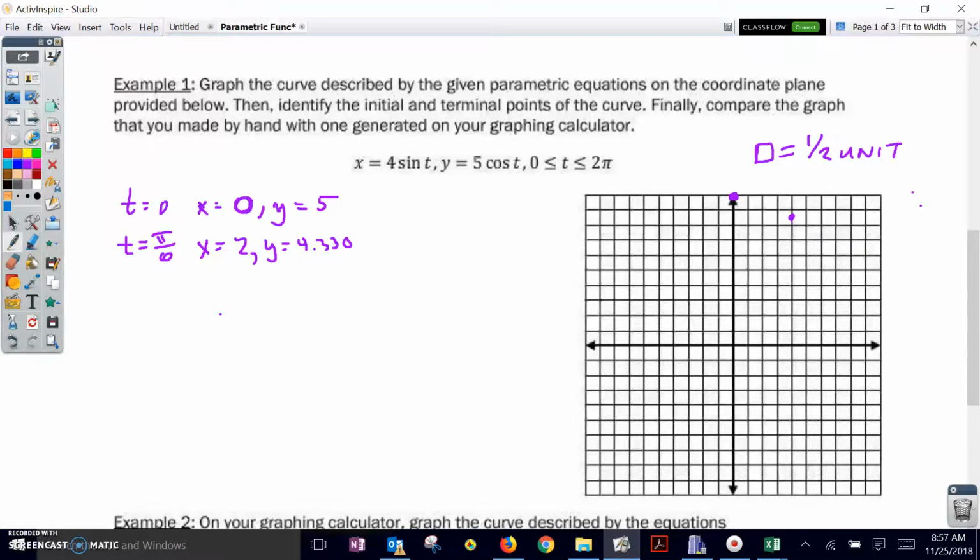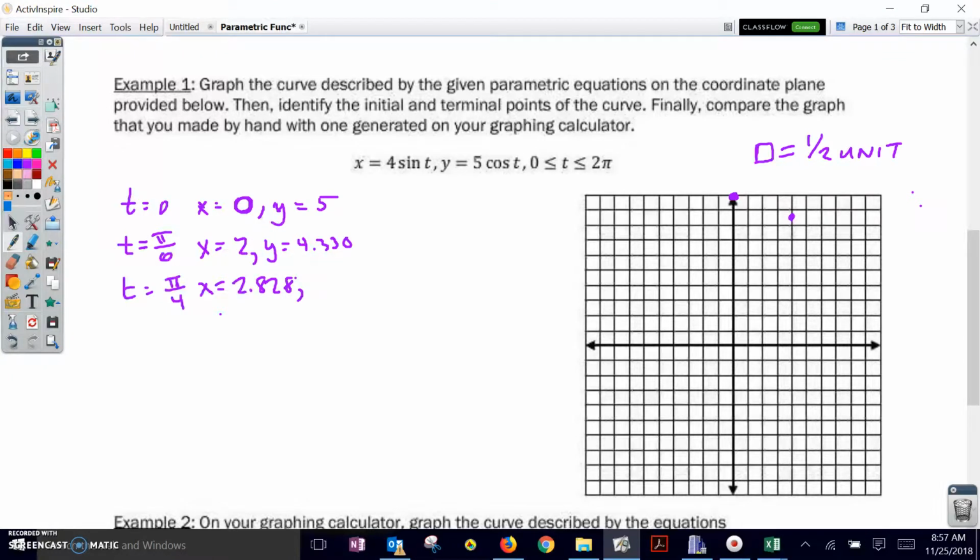And I'll continue along that path with various values where I know both of these functions. At pi over 4, the x value is going to be 4 root 2 over 2, so 2 root 2, which is approximately 2.828.